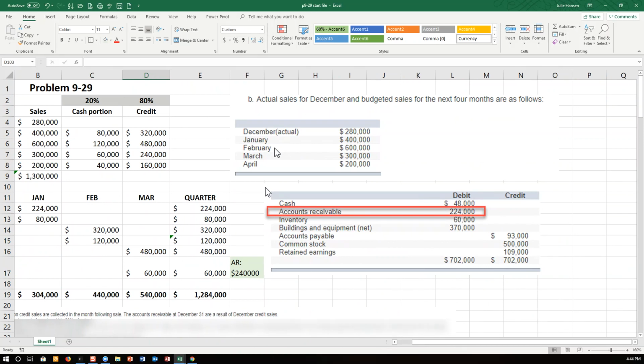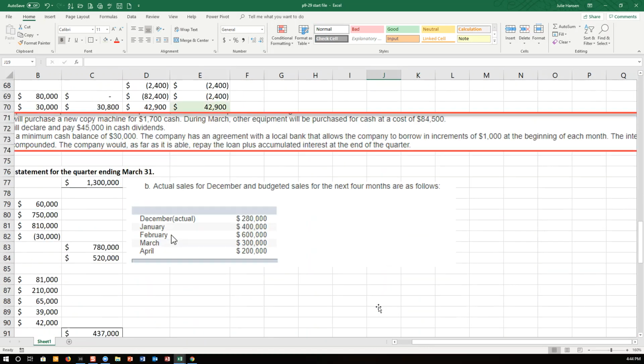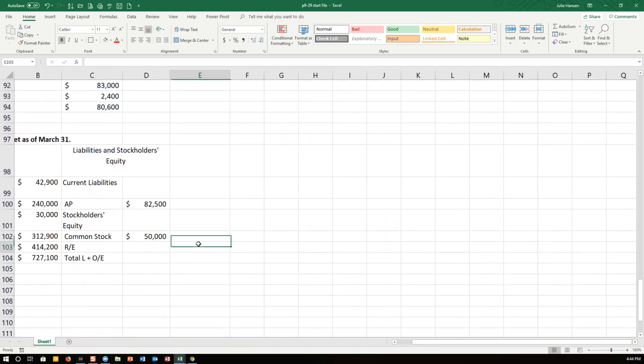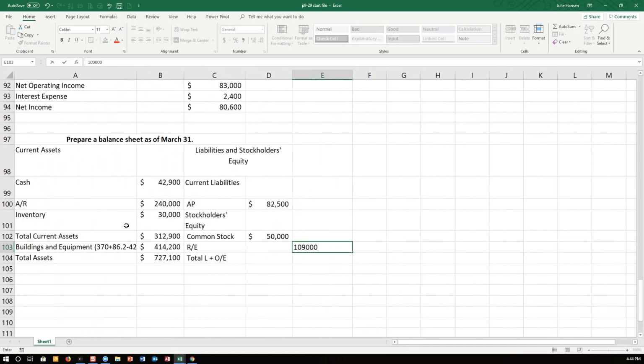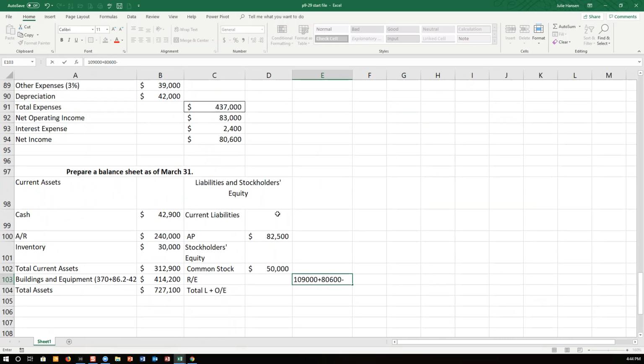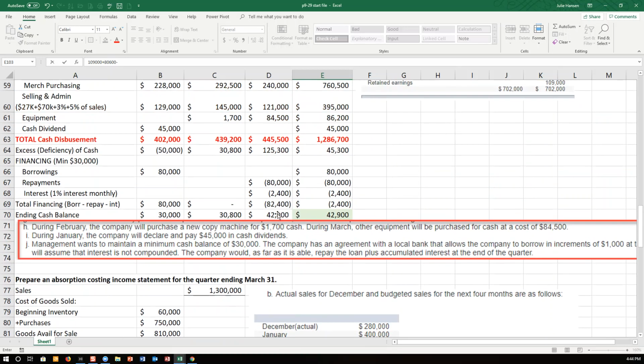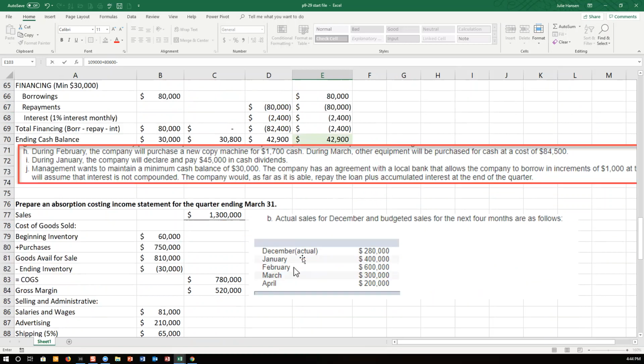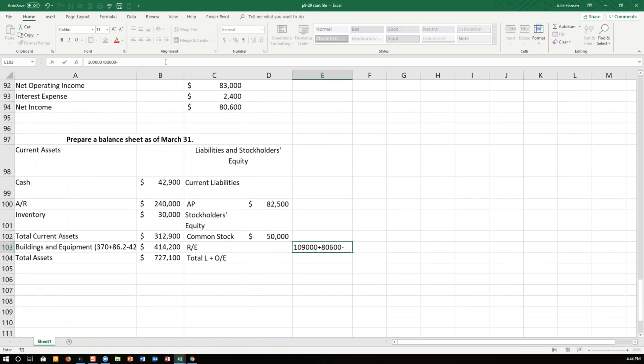Let's see, our beginning retained earnings was 109,000, and then we had some net income of 80,600, so we can add in the 80,600, but then we had some dividends. If we look back up here in January, we declared some dividends of $45,000. So then we're going to subtract our $45,000, and that gives us our retained earnings.